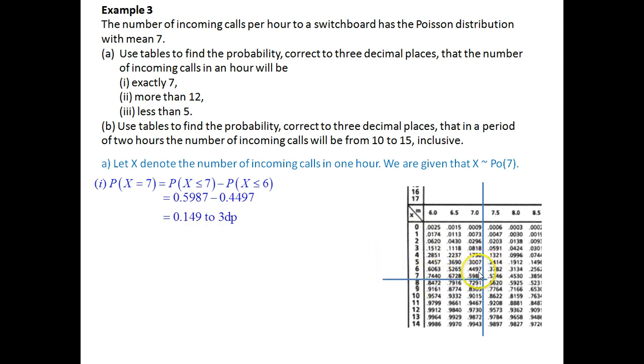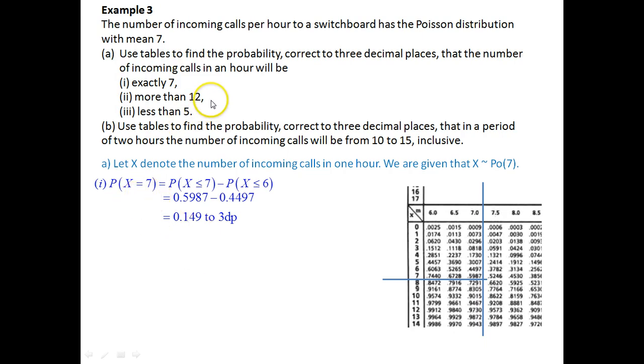So then you've got 0.5987 for up to 7, and then 0.4497 up to 6. So the probability is 0.149 to 3 decimal places. We would have got the same answer if you'd used the formula.